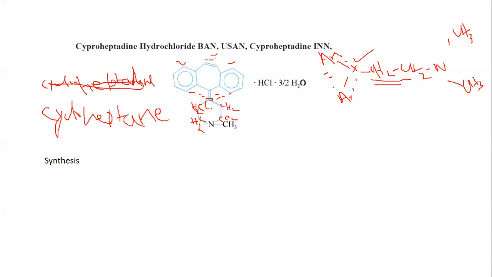Okay. So this gives you another potent antihistaminic drug, that is cyproheptadine. This is often used in various liquid formulations, especially in pediatric formulations where you use the antihistaminic drug for cough and cold and other purposes. This cyproheptadine is often used.